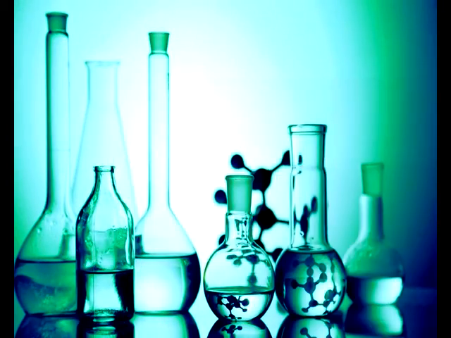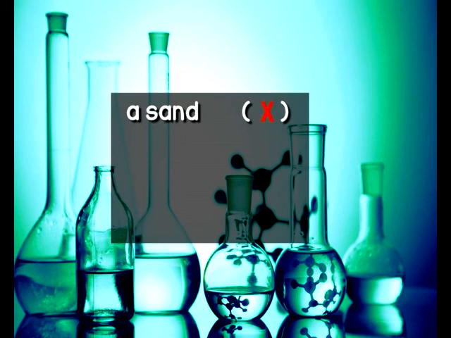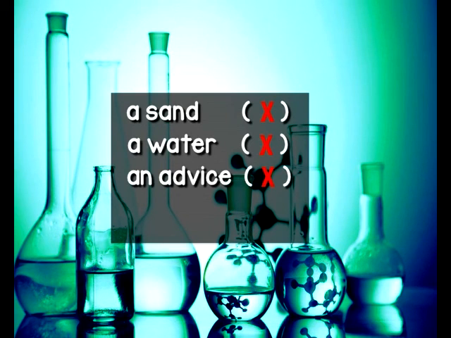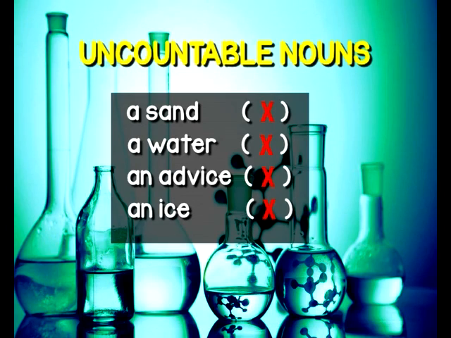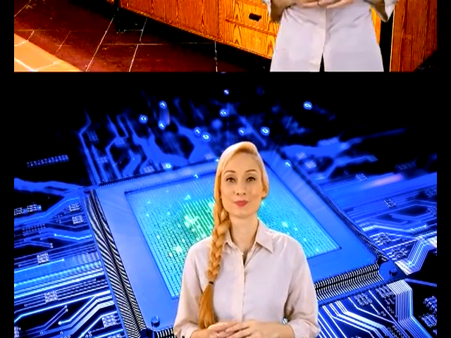We cannot say a sand, a water, an advice, or an ice because these things are uncountable nouns. We could, however, use words like some, a lot of, and plenty.